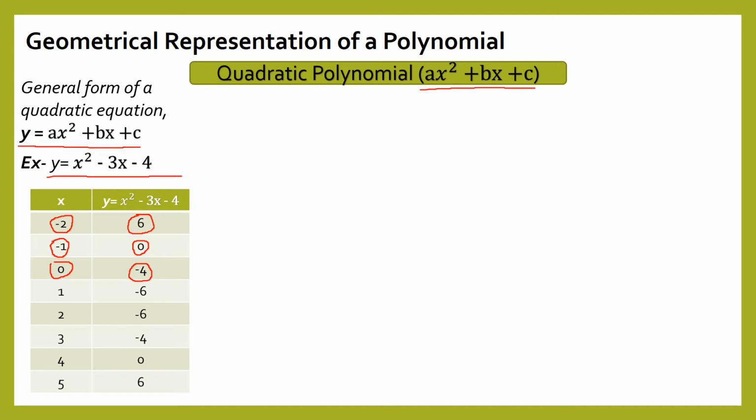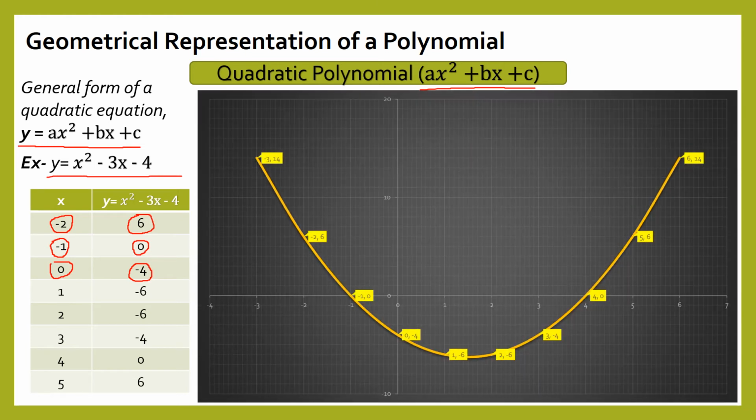So how will this curve look? Yeah, this is a parabolic curve. So the curve of a quadratic equation looks like a parabola. A parabola can be of two shapes, upward opening parabola and downward opening parabola, and this depends on the value of a.